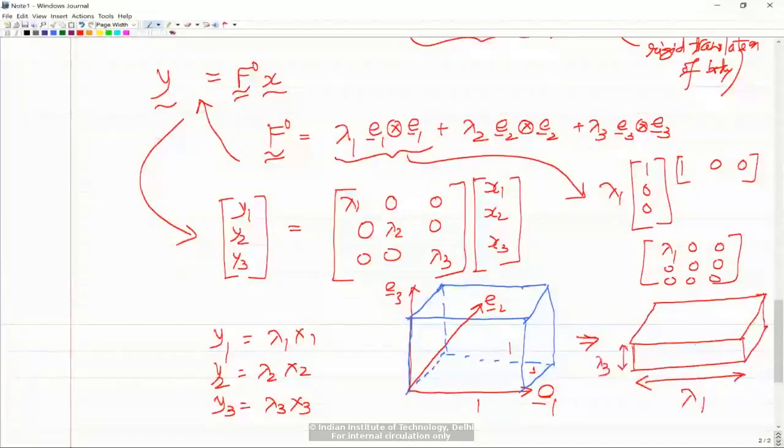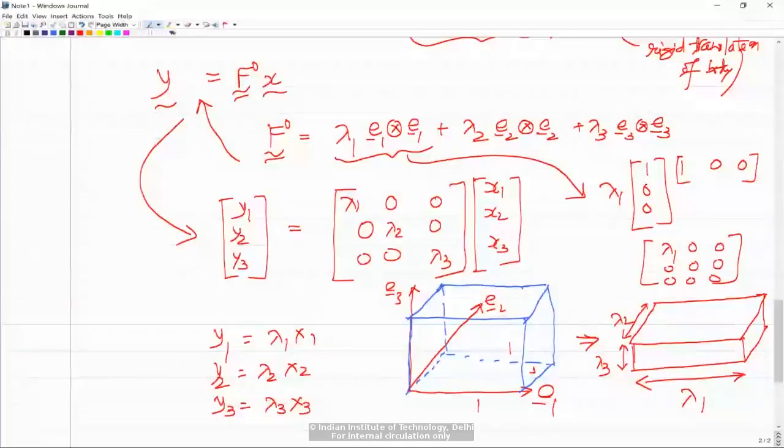This will be lambda 3, and this is then lambda 2, isn't it? So this is a case of what we call triaxial extension. You are applying deformation in all three directions, so the cube becomes a cuboid.